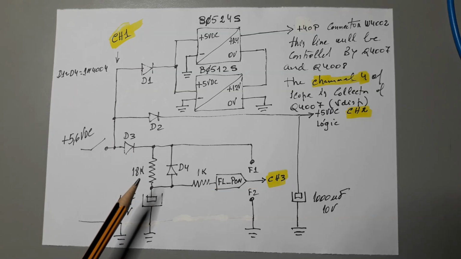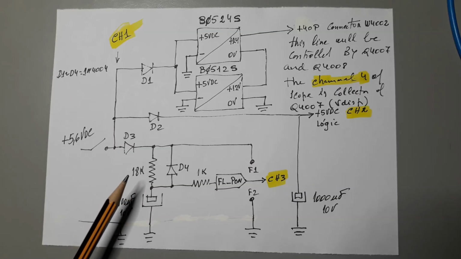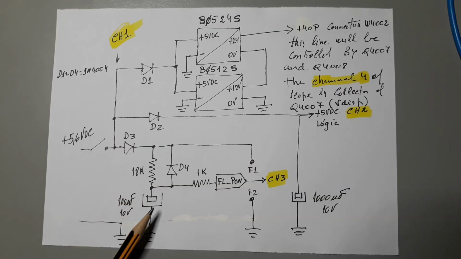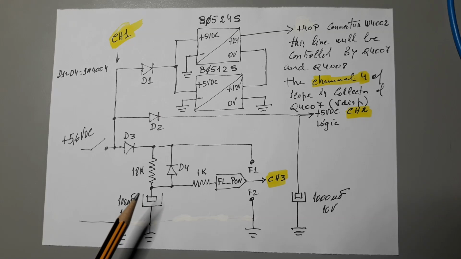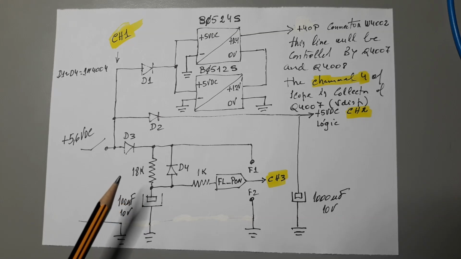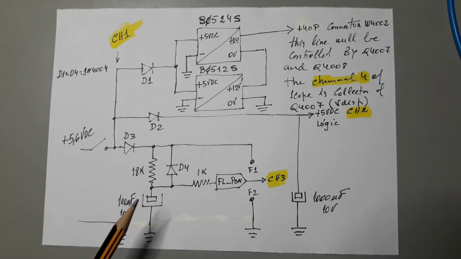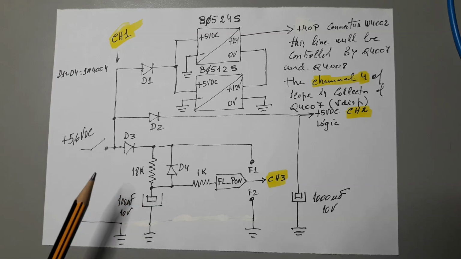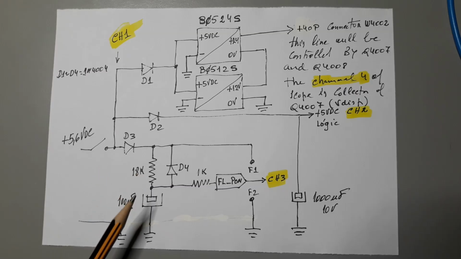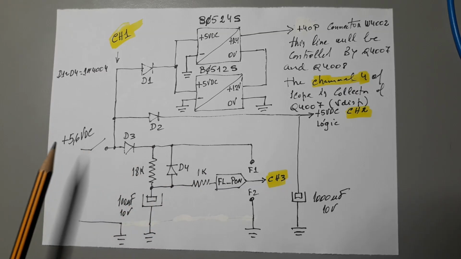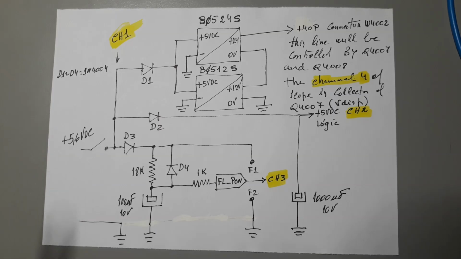If you multiply the 18 by the 100 microfarads, this will give you the time in seconds it will take to load the capacitor to the value of the first tau. And the first tau is the time which results from the resistor times C. Okay, I will leave the formulas at the end of the video.